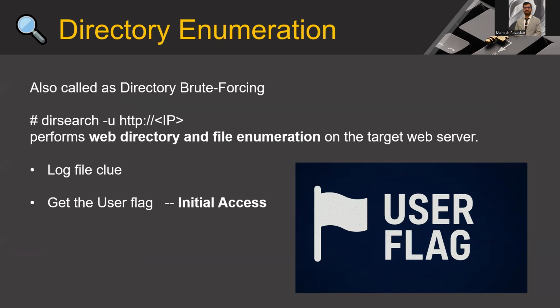It will perform web directory enumeration and show you the files available on the target web server. If we get some clue about the log file or something, then we will look further. And the first aim of our lab is to identify the user flag.